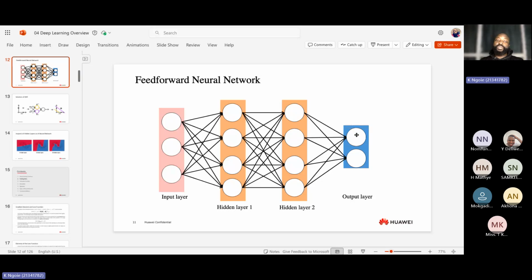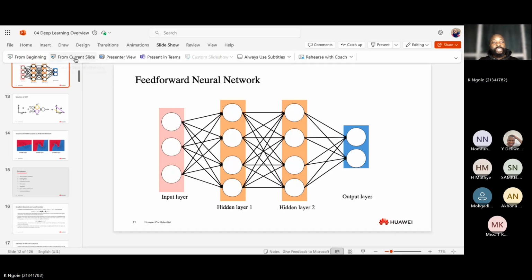Let's say you were dealing with a model where you have to determine between male and female, where you say everything above 0.5 is female, below 0.5 is male, things like that. Okay, did I answer the question, or is there any other question?